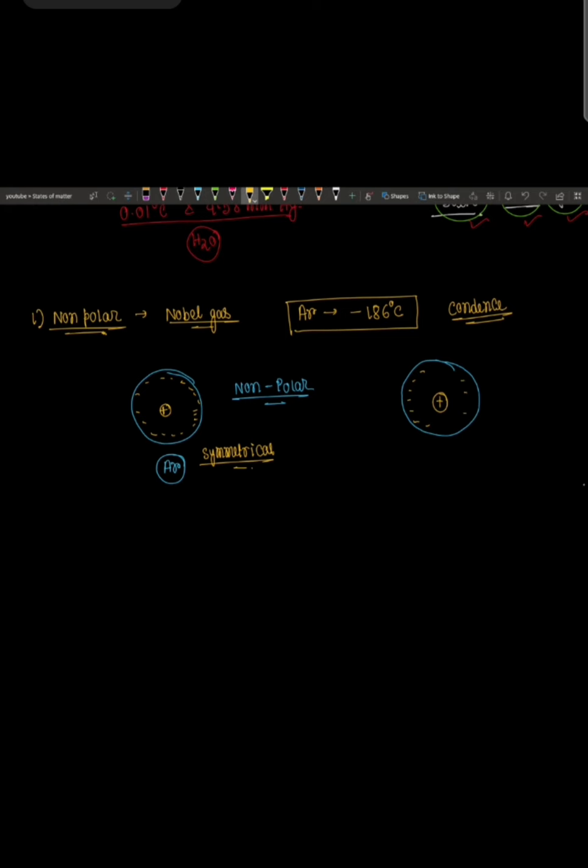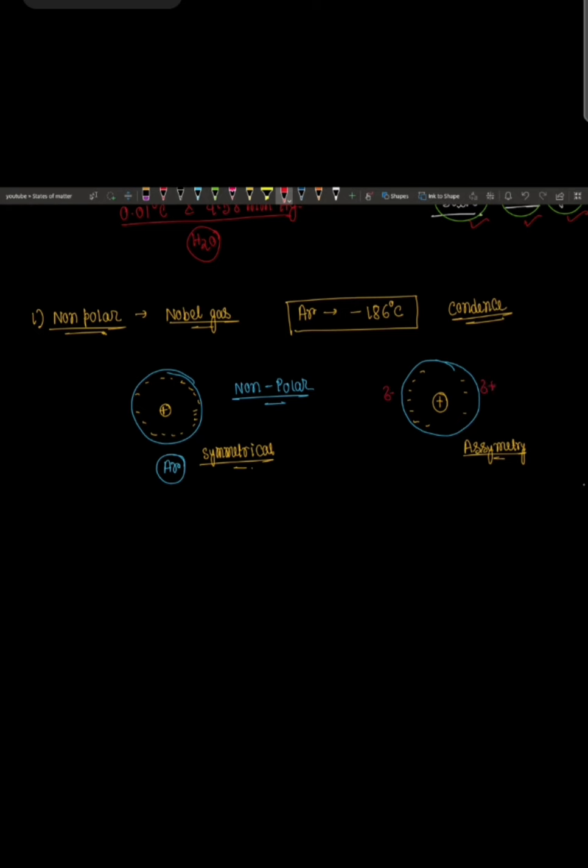As the electrons are dynamic, if sometimes an asymmetry gets generated, then it becomes an instantaneous dipole. Why do we call it dipole? Because on one side we have more electrons, on the other side we have fewer electrons. So can we say that one of the sides is delta negative and the other one is delta positive?